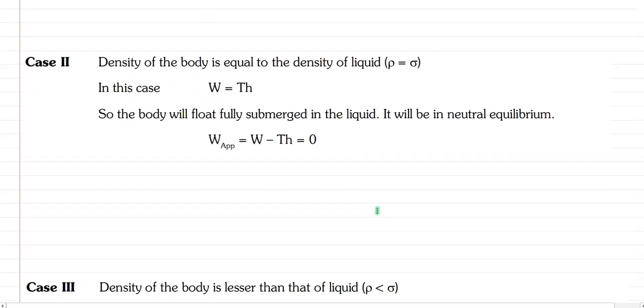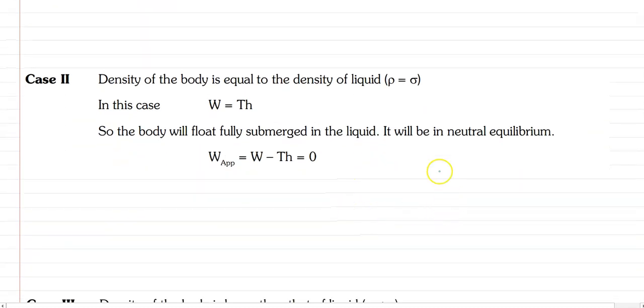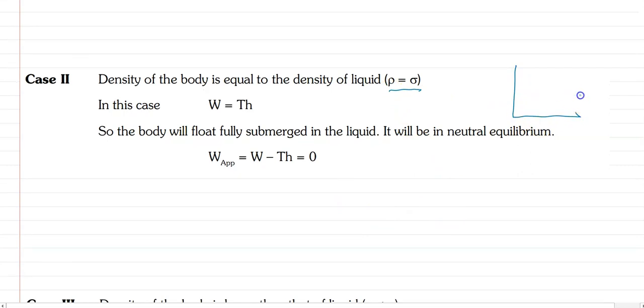These are the two cases. And in the third case, when rho equals sigma, that means the density of the solid body and the density of the liquid are the same, then the body can float just fully submerged in the water, or any liquid you take, in neutral equilibrium.